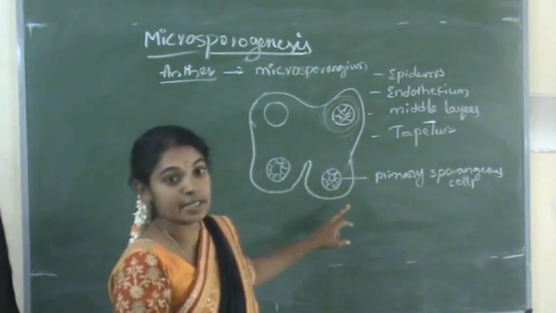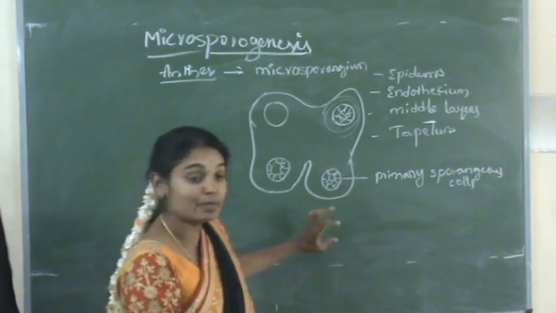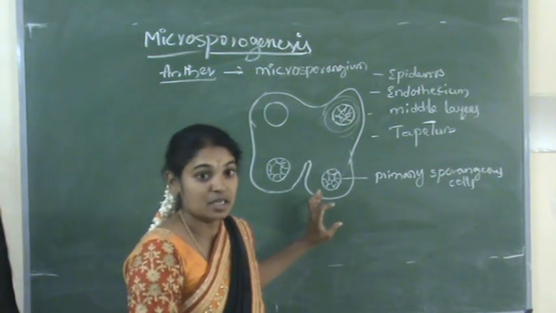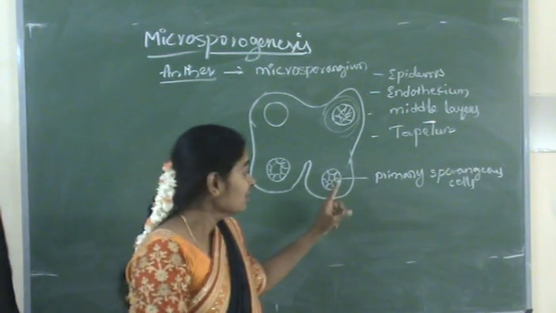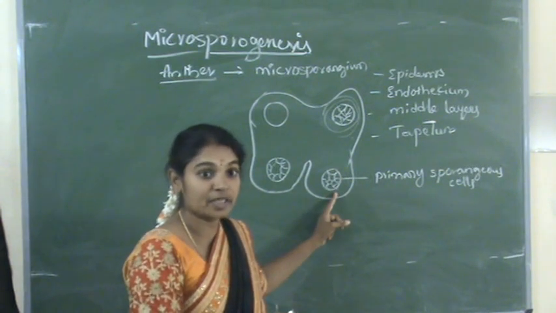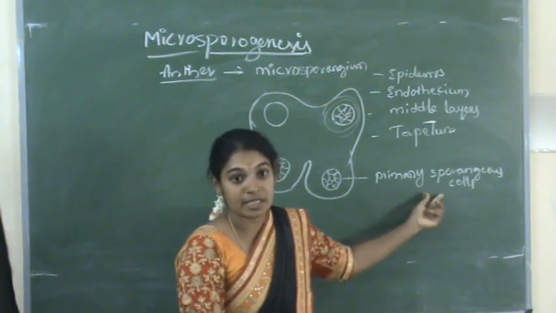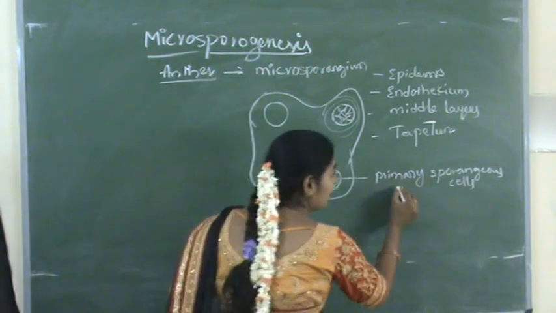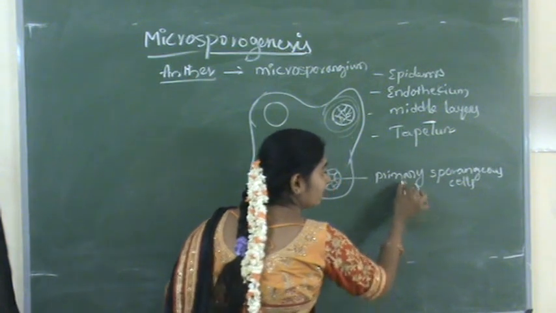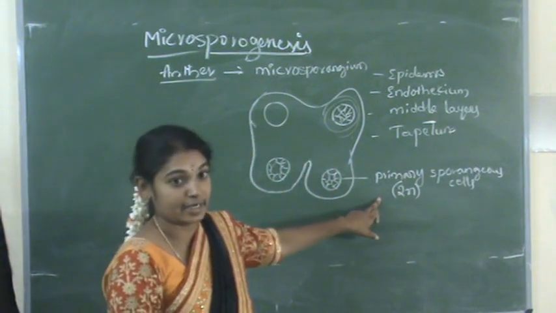Primary sporangious cells are formed when the meristematic tissue undergoes mitotic divisions, and these are in diploid condition.